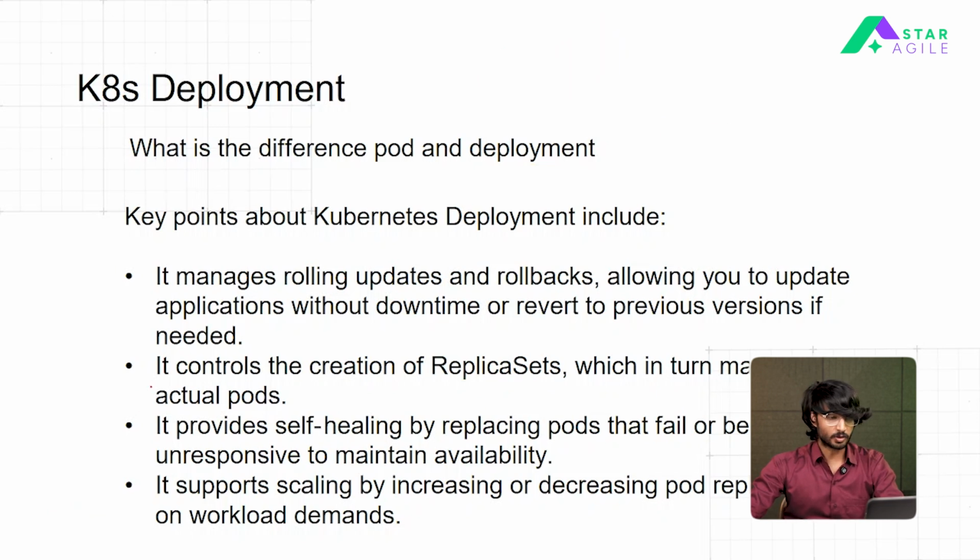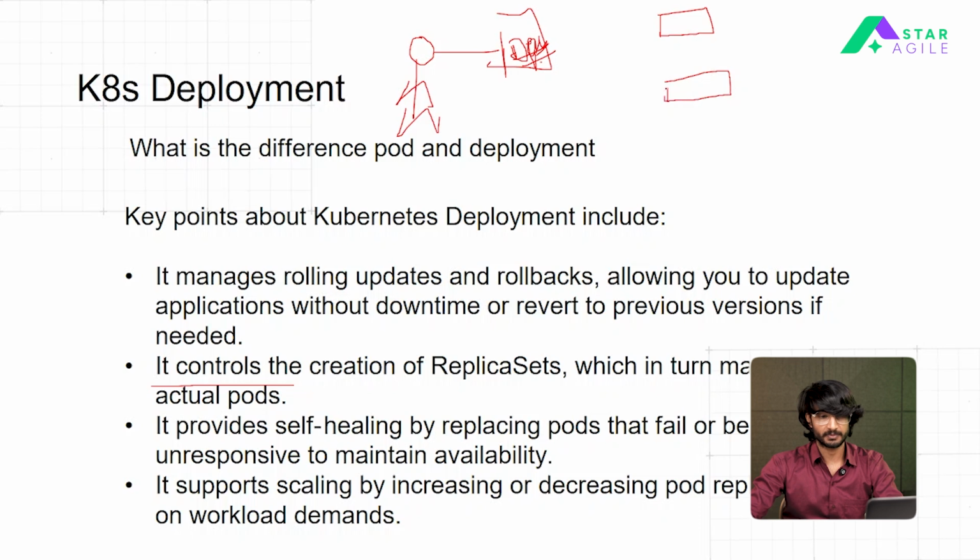All right people, let's understand the second point, where a user has created a manifest file for a deployment, and the deployment in turn creates the pod. That means deployment is helping us to create a pod.